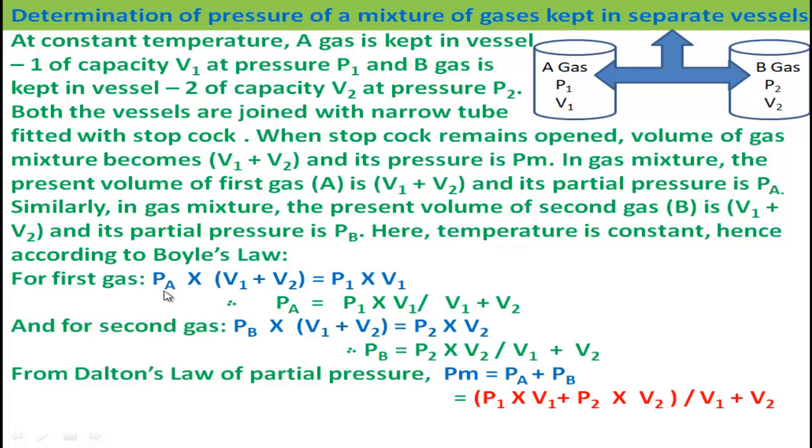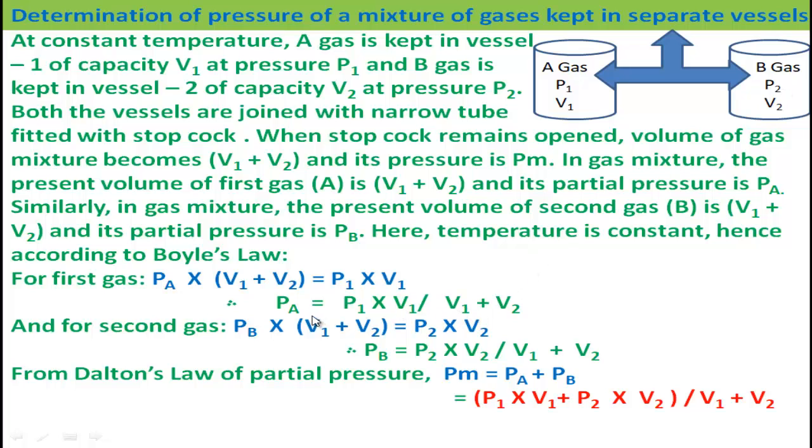So the partial pressure of A gas into total volume equals P1 V1, the first pressure and first volume. So the partial pressure of A gas will be P1 V1 divided by the total volume. That is, the pressure of A gas equals the pressure times volume of the first vessel divided by the total volume.